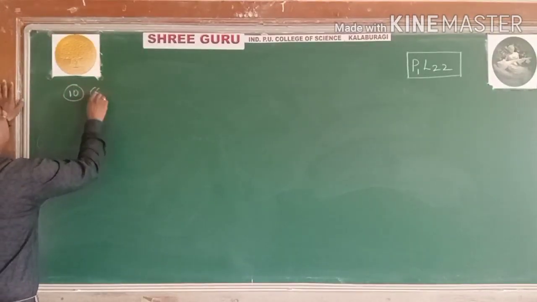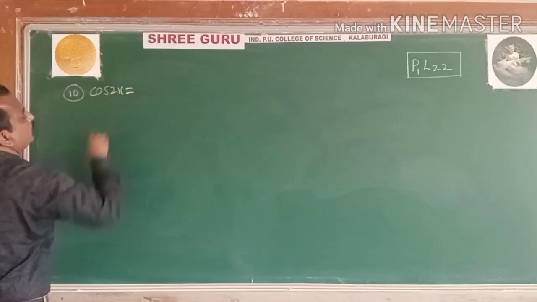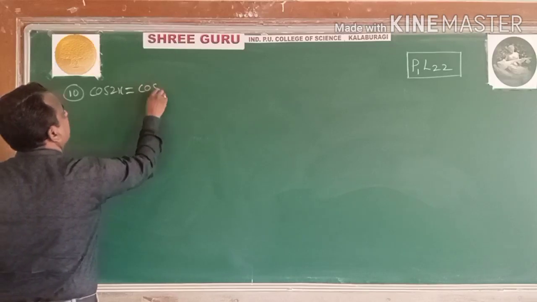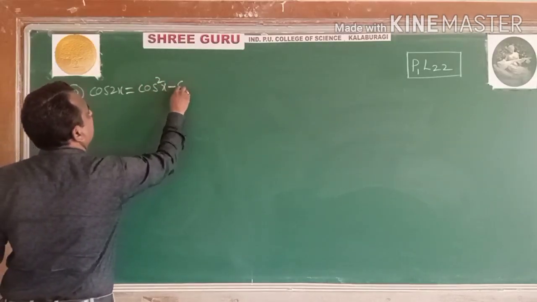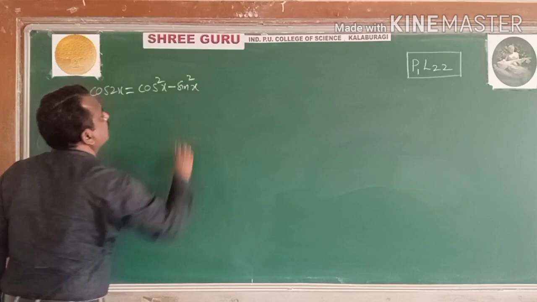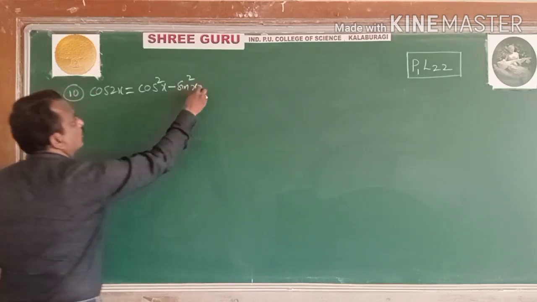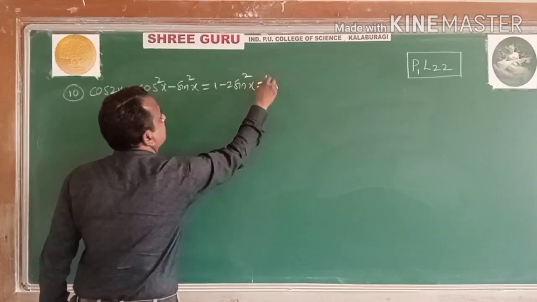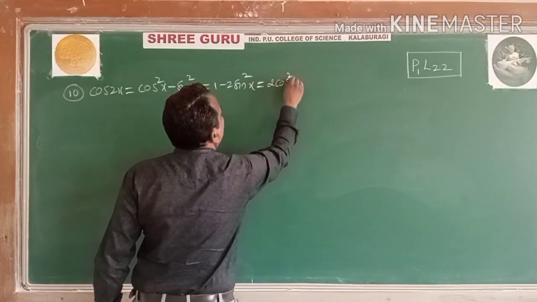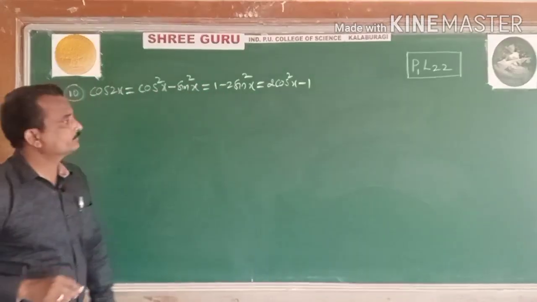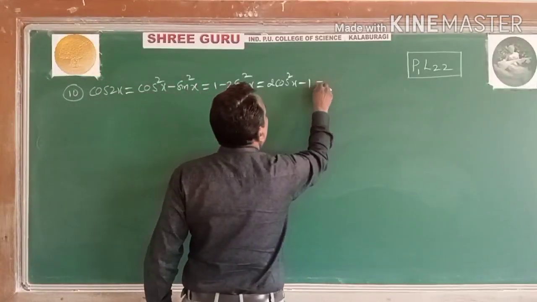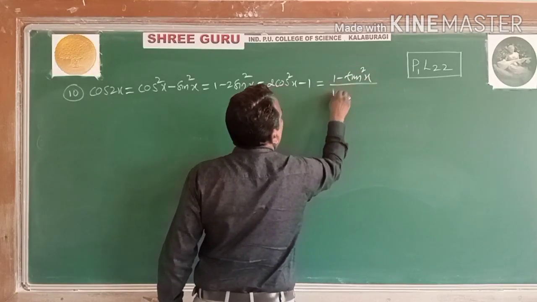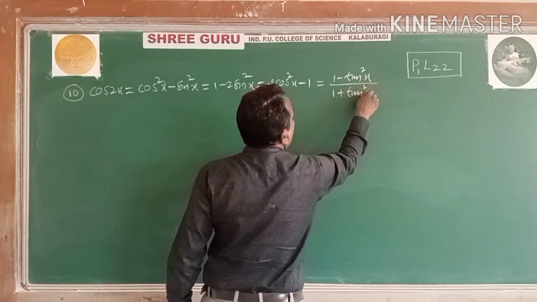Here I will write cos 2x. See the students, cos 2x you may express in 4 types: cos square x minus sin square x, 1 minus 2 sin square x, 2 cos square x minus 1, and in terms of tan, 1 minus tan square x divided by 1 plus tan square x.